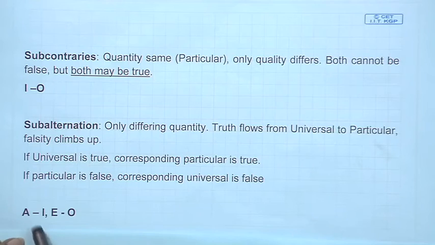So, if you know that the I is false, for example, that it is false that some Indians are vegetarians, you can infer that it must be false also that all Indians are vegetarians. So, this is the nature of subalternation. The pairs are A-I and E-O, they differ in quantity, and truth flows down and falsity climbs up, if you remember that.